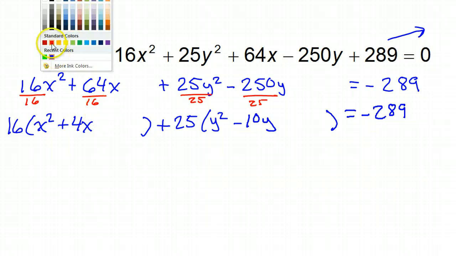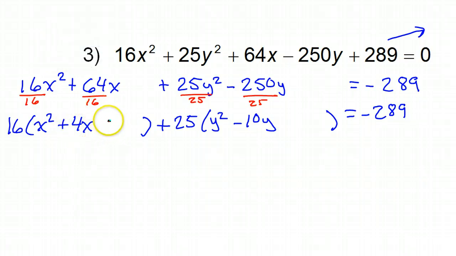Now we can complete the square. Half of 4 is 2. 2 squared is 4. Now I need to add something over here, but it won't be 4. This is 16 times 4, which is 64. So that's what I have to add. Half of this is 5. 5 squared is 25.